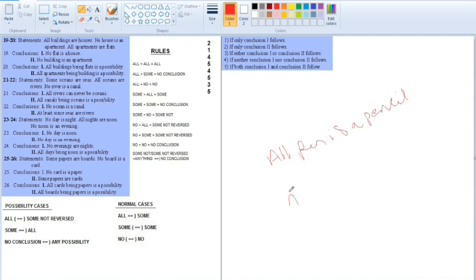We cannot write it. We have to write it as some pencils are pen. We can write it as some. We cannot reverse it as all. So this is what you have to know for normal cases.